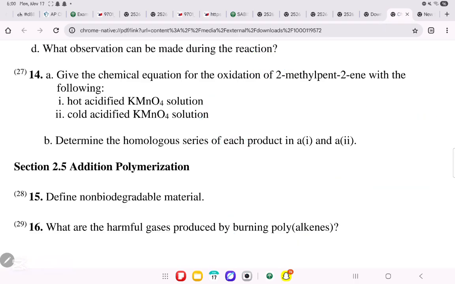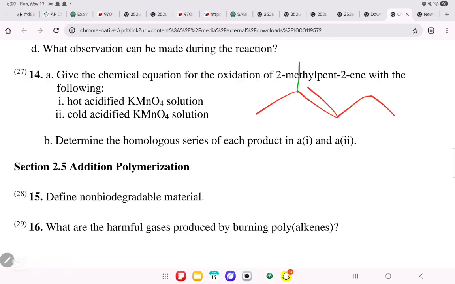Now, with cold acidified KMnO4 solution, we will produce a diol. So let me redraw 2-methyl pentene. So 1, 2, 3, 4, 5, with a methyl here. What happens with cold acidified KMnO4?